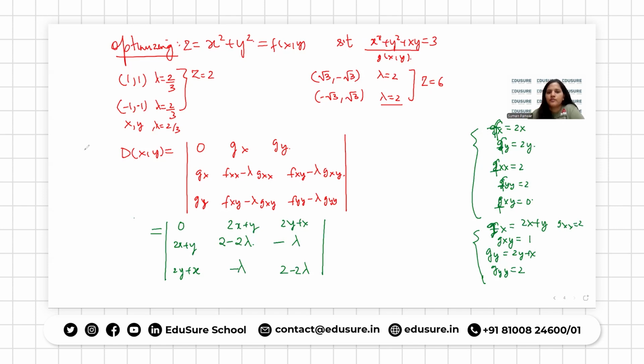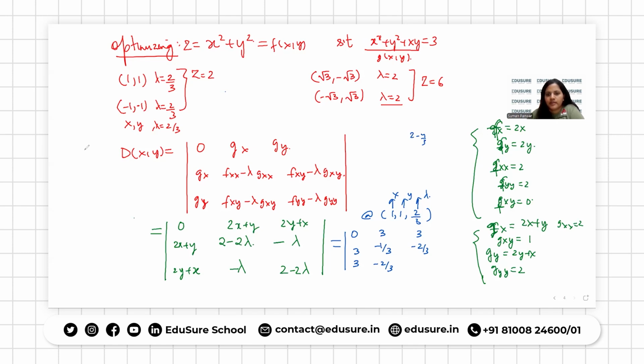So at (1, 1, 2 by 3), this is the value of x, this is the value of y, and this is the value of lambda. Let us see what the determinant is. So this is 0, and this is 3, and this is 3, 3, 3. 2 minus 4 by 3 will be 2 by 3, since lambda was 2 by 3. So we will have minus 2 by 3, minus 2 by 3, and 2 minus 4 by 3 is 2 by 3.